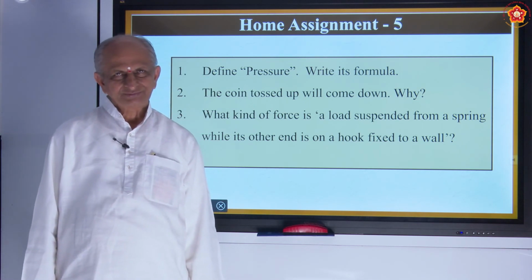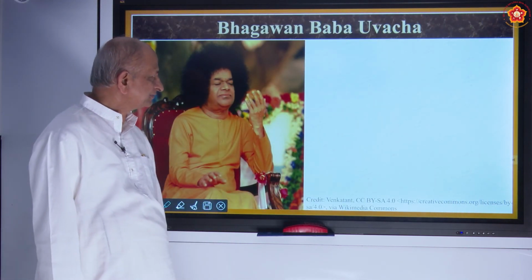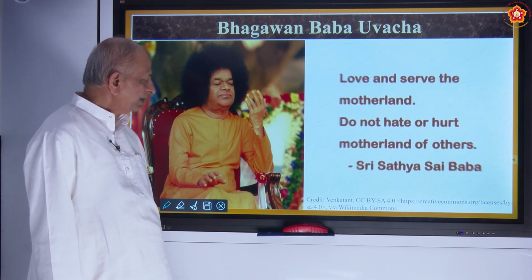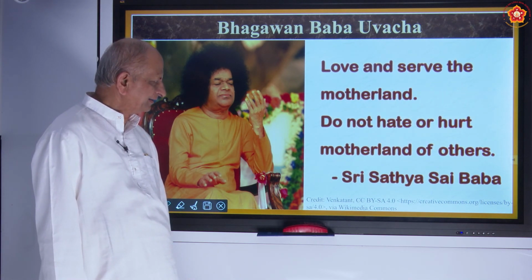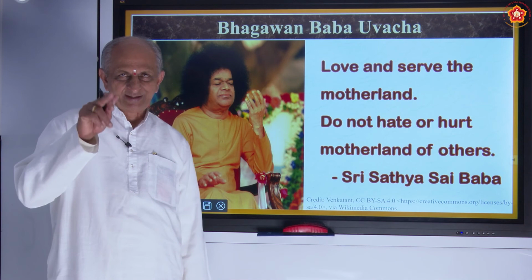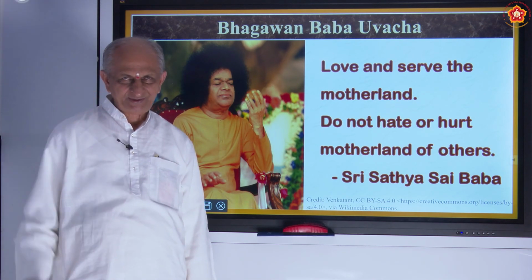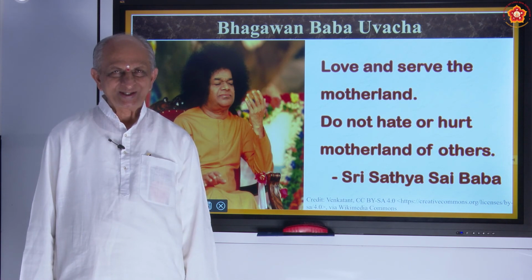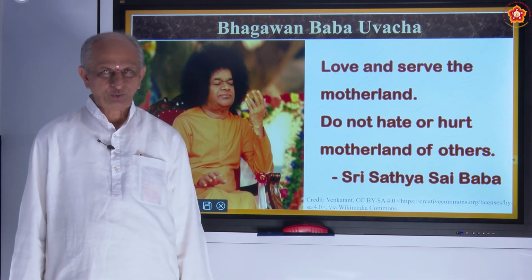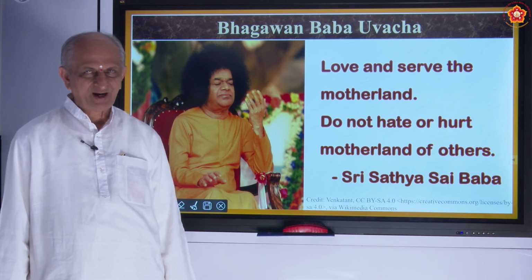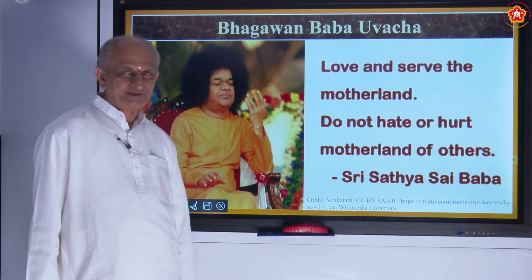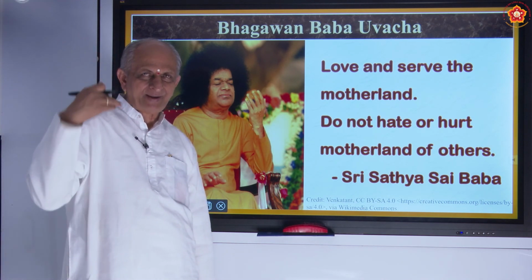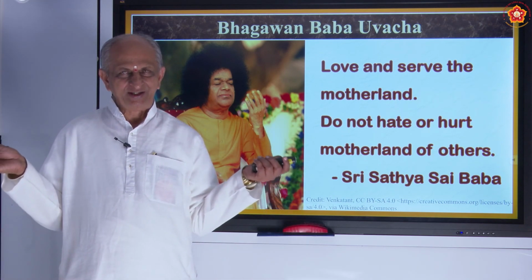Okay. Now let us see what Bhagawan Baba says. Love and serve the motherland. Janani Janmabhumischa Swargadapi Gariyasi. Who said this? Yes, Sri Rama. To whom? Lakshmana. When? After winning the war in Lanka, when they wanted to come back, Lakshmana says, we will stay here only, it is so nice.